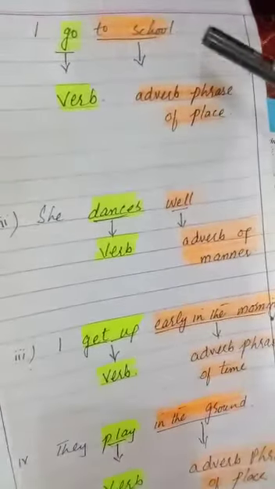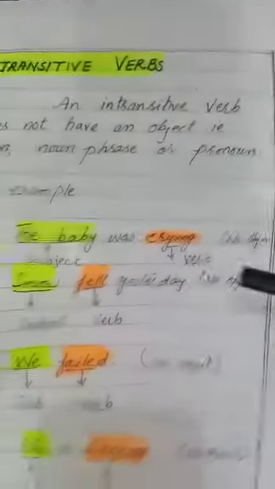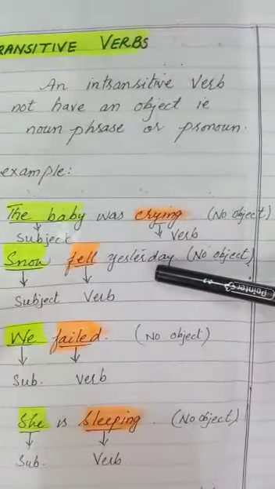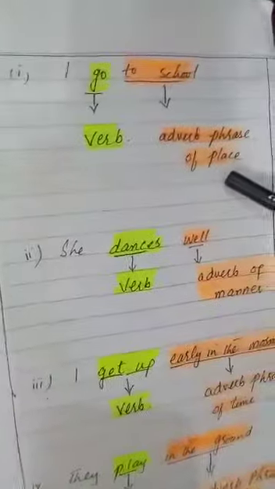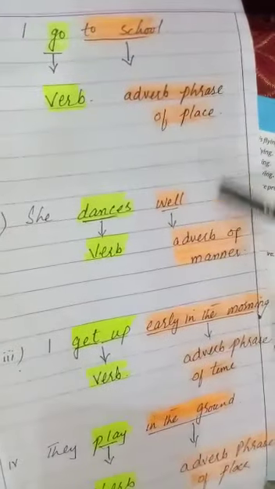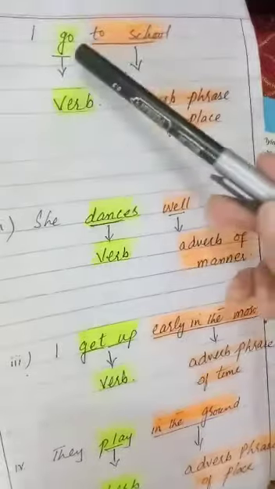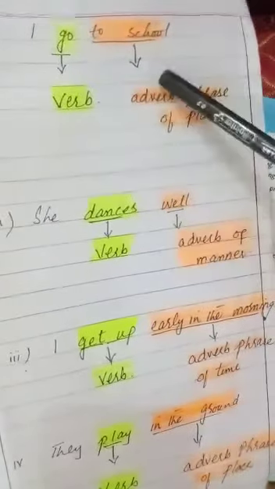So adverbs like to school, adverb of place, well, adverb of manner, and yesterday, adverb of time, are not objects. That's why go and dances, these verbs, are intransitive because they are not having objects.